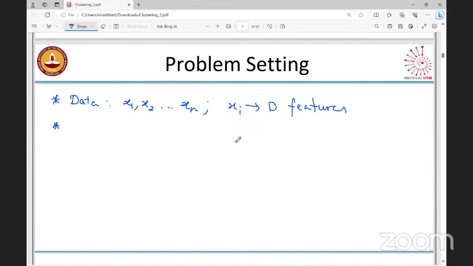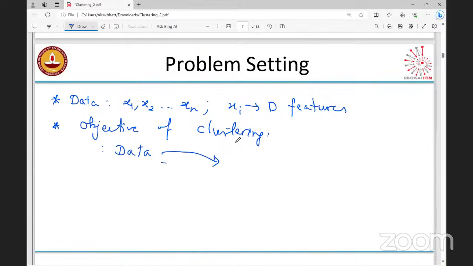Then the objective of clustering analysis is to take this data and create some clusters C1, C2, up to, let's say, CM, and assign a set of data to each cluster, such that all data will be in at least one of the clusters.